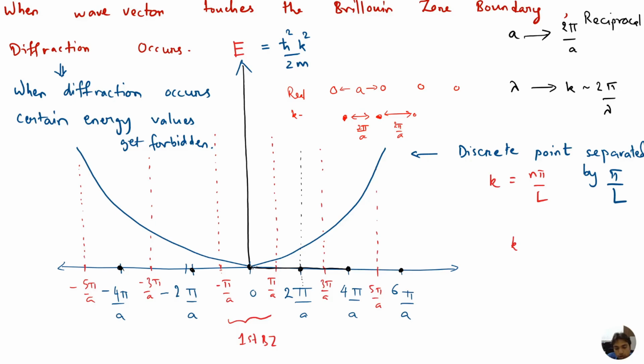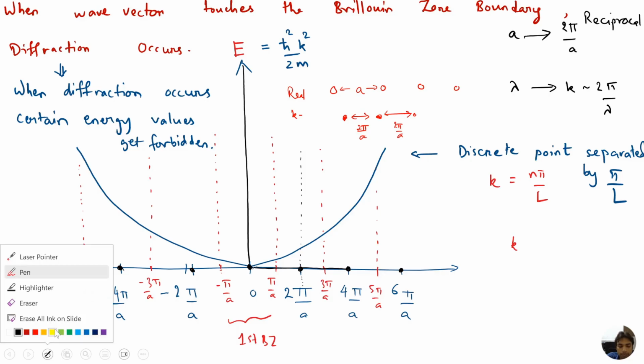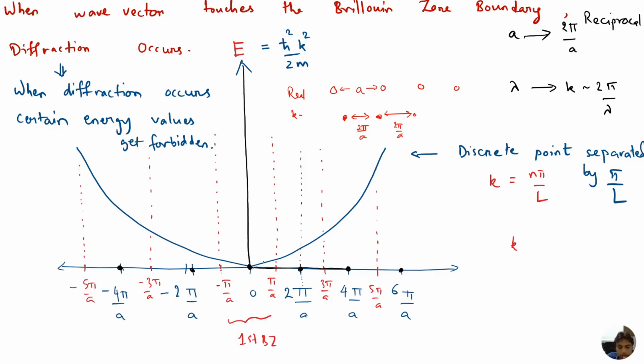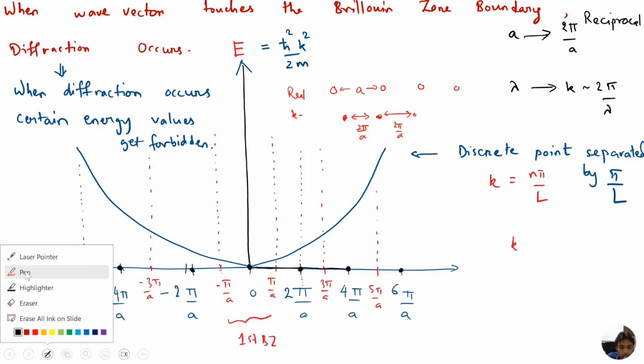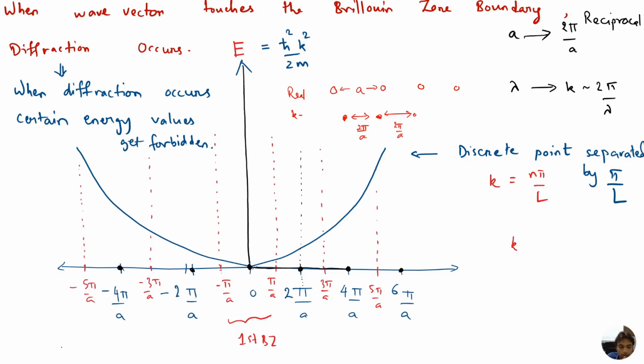So to reach from the origin to here, you have to cross one Bragg plane. From here to here, you have to cross 2 Bragg planes. You are able to get this feeling, right?